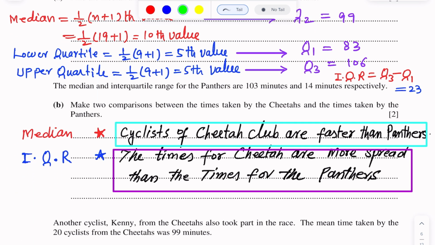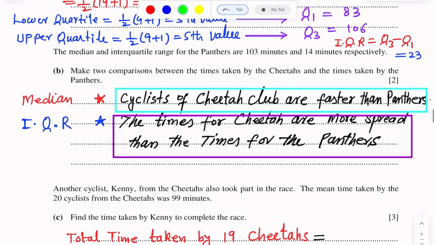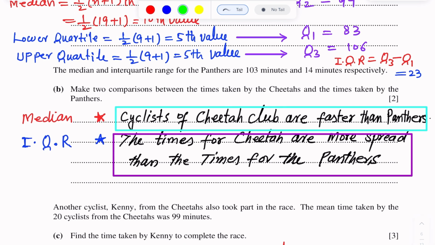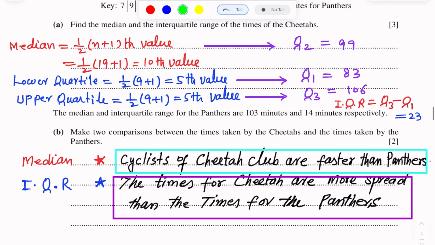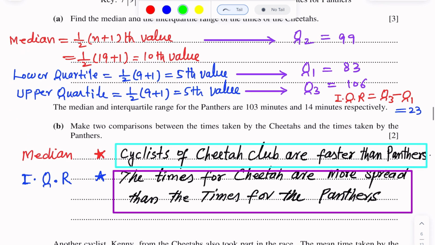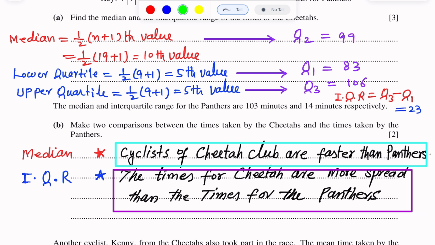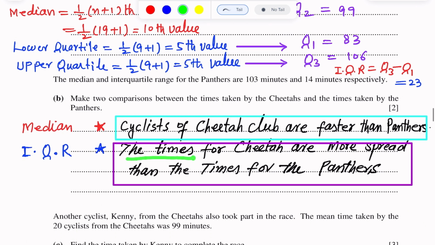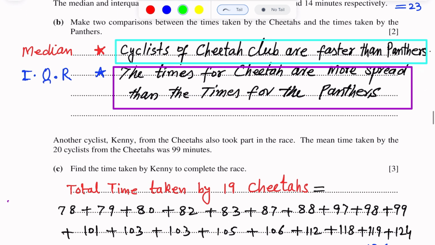So comparatively, the spread of cheetahs is more than the spread of panthers. So times for cheetahs are more spread than the times for the panthers. These are two very important comparisons of both the clubs.